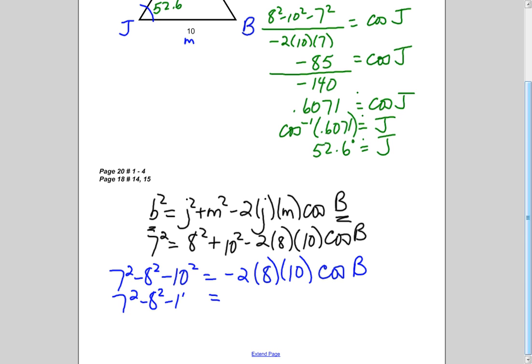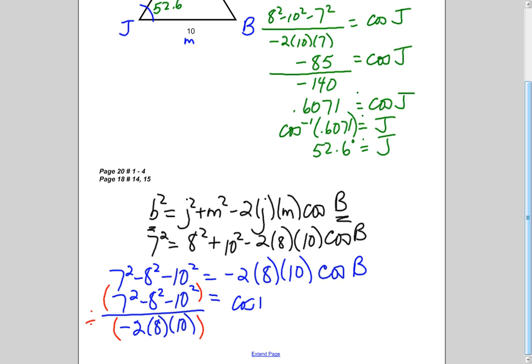So my left side, which I'm going to type into my calculator, is 7 squared minus 8 squared minus 10 squared divided by negative 2 times 8 times 10. If you want to do it in one step, just make friends with your brackets. So you have your top divided by your bottom in brackets, and it should work out just fine.